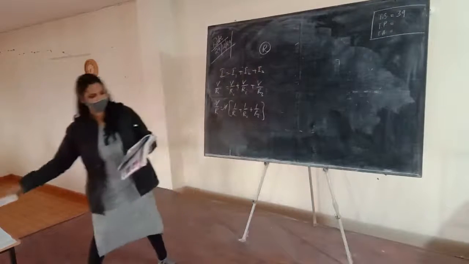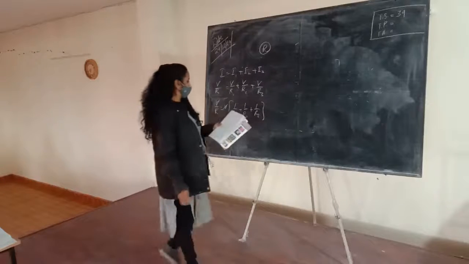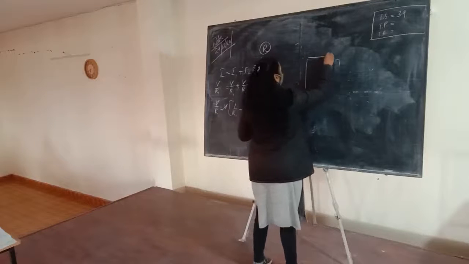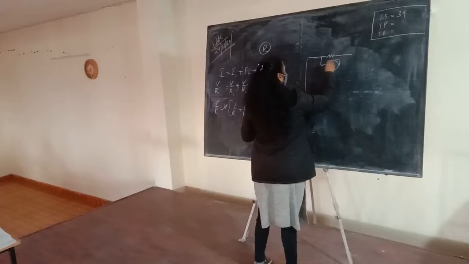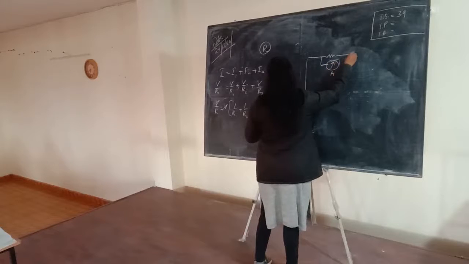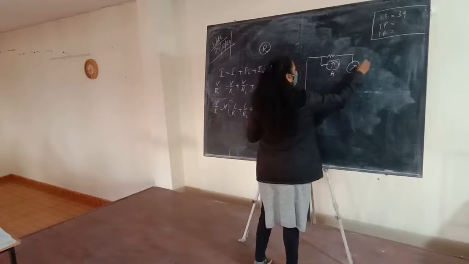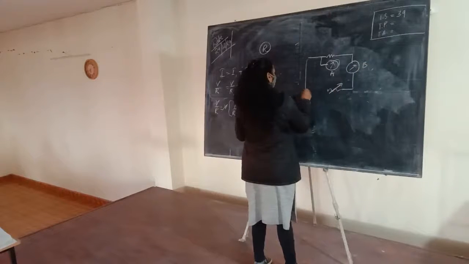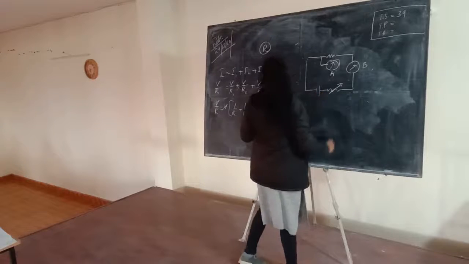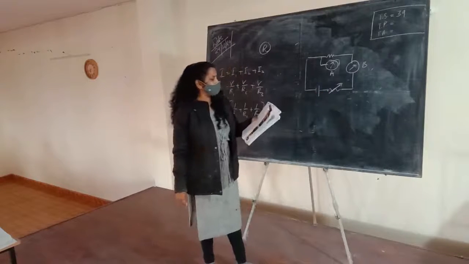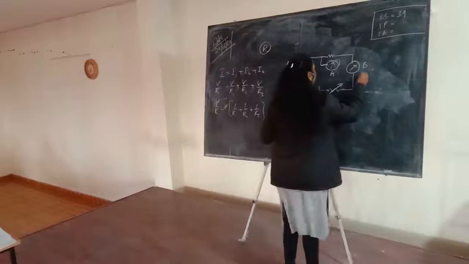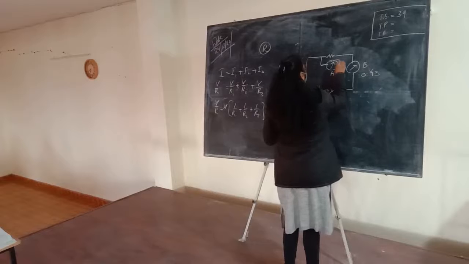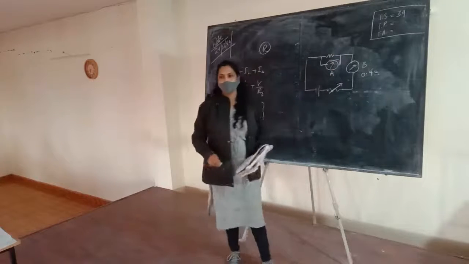This is a circuit. In the given circuit below, the instrument B reads 0.93. This is instrument A and this is instrument B. What is the name?